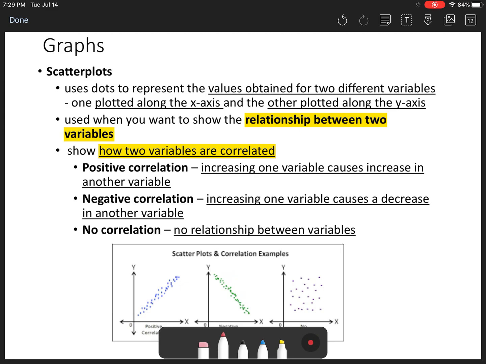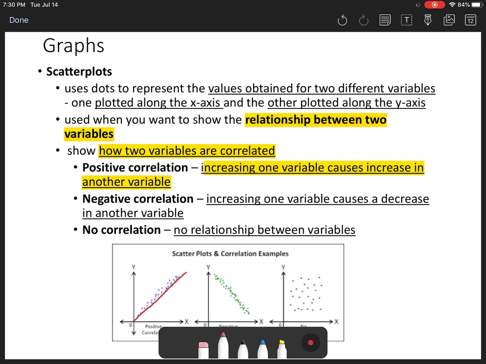When you see this one here, it's showing you that as one thing increases, so does the other. That's a positive correlation. So as one variable, increasing one variable will cause an increase in another variable. So that's when you see that they're all kind of clustered around, almost forming this nice line going up towards the right there.